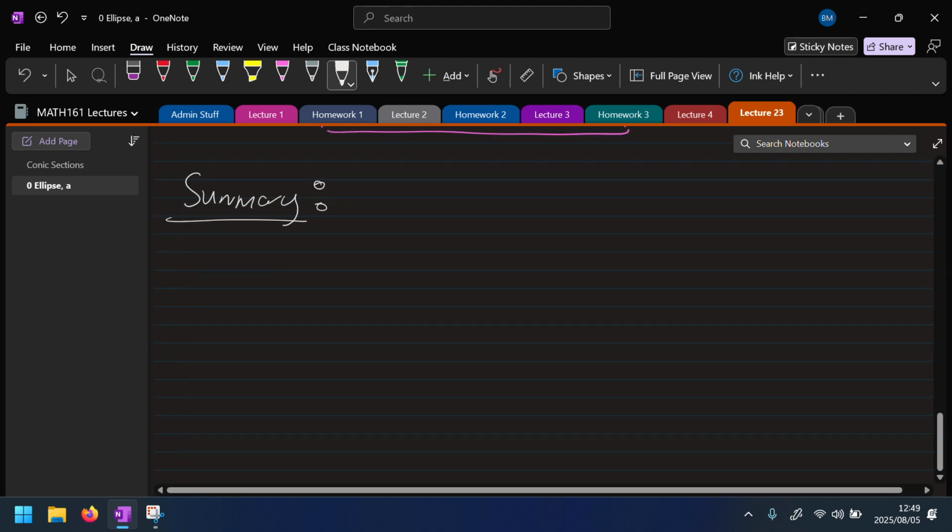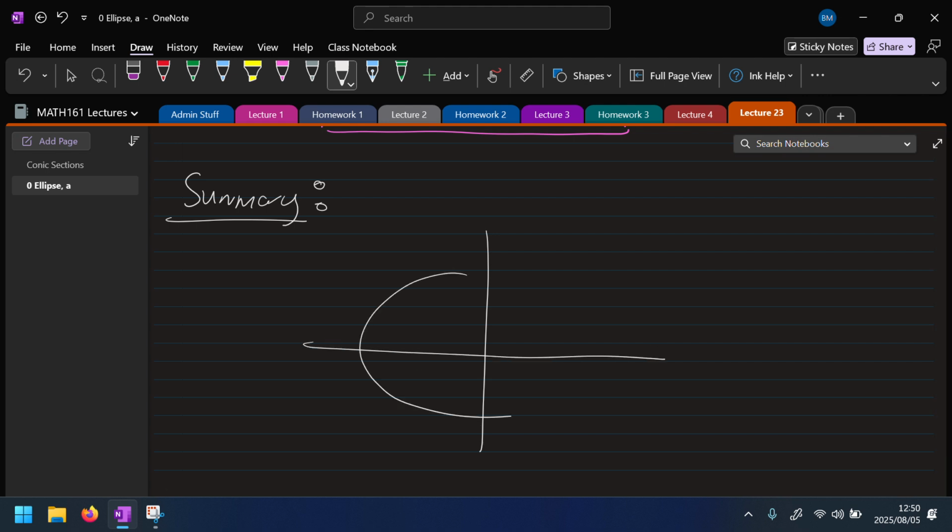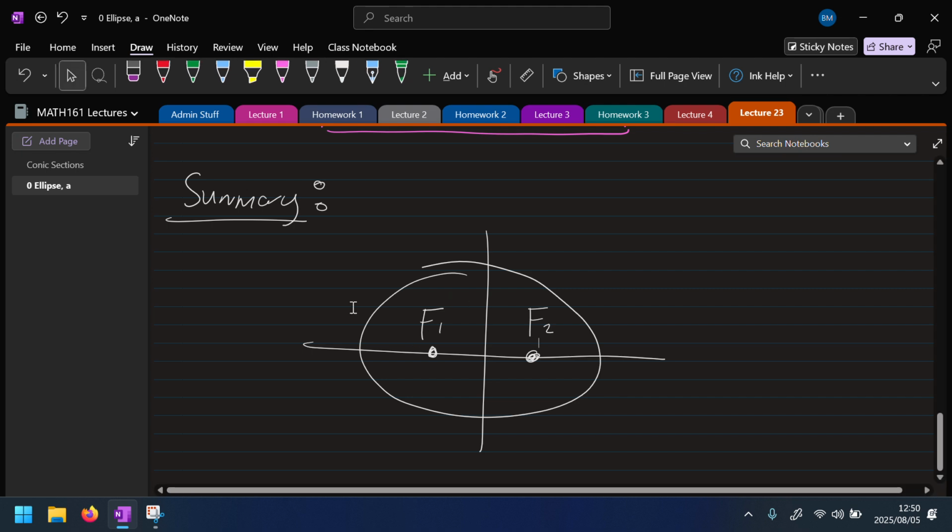Yeah. So just some terminology and stuff that we use. So let's say we've got our ellipse like this. So F1, F2, remember that from the beginning. So F1 and F2, those are called the focal points.